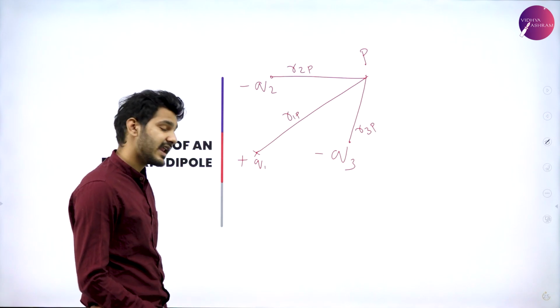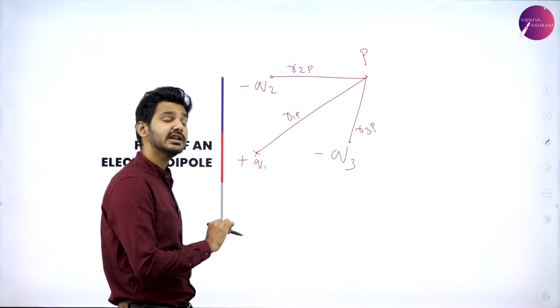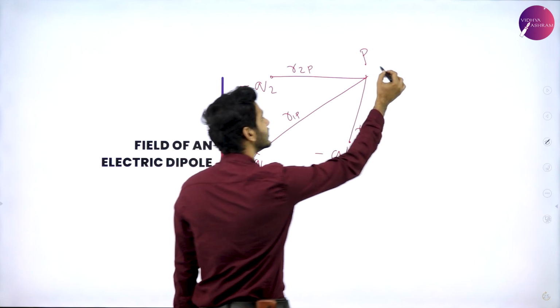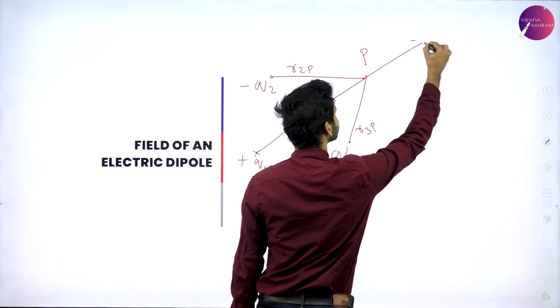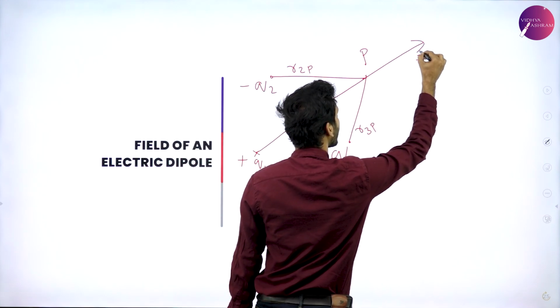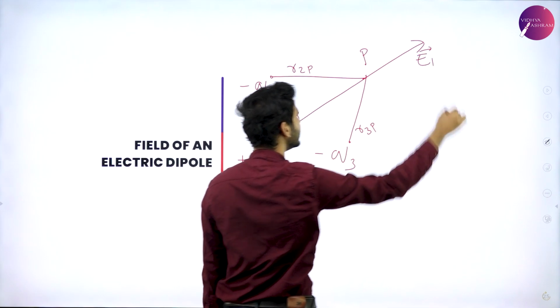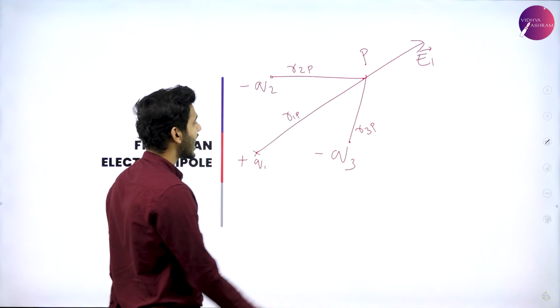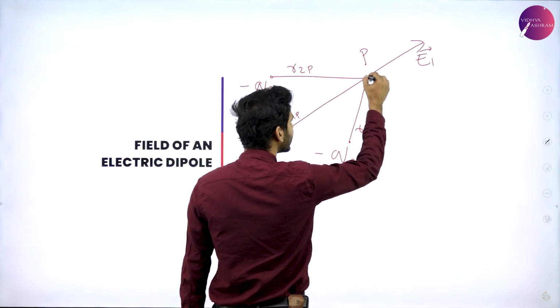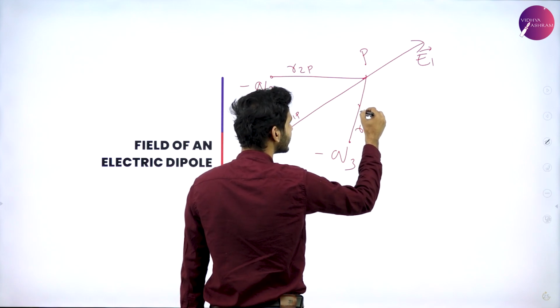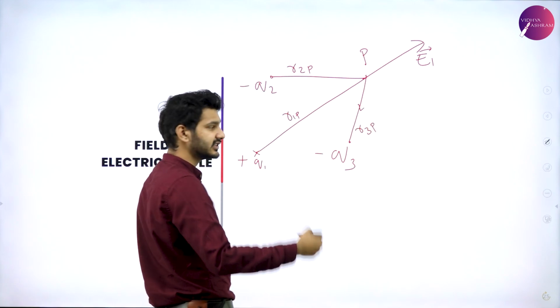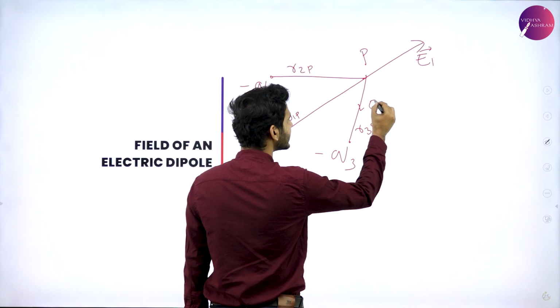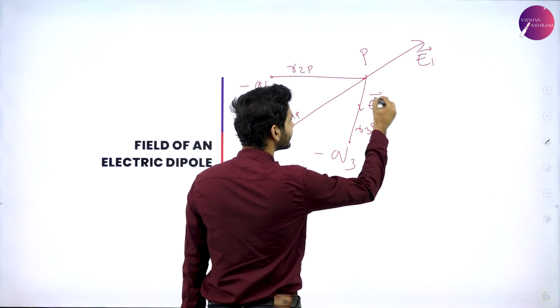We know that for a positive charge, the field will be directed outwards, and let this be E1. For Q3, it will be directed inwards, so that is field E3.